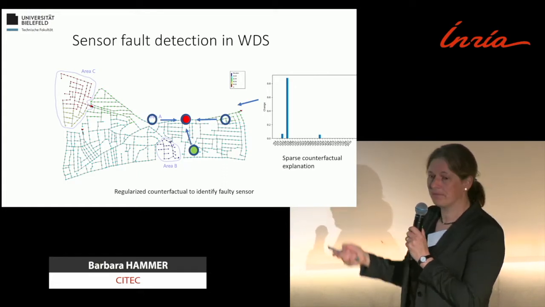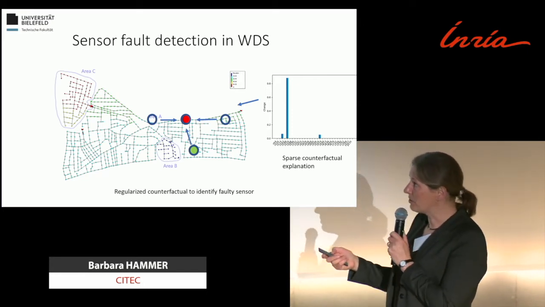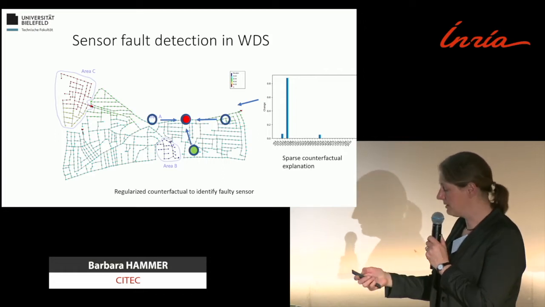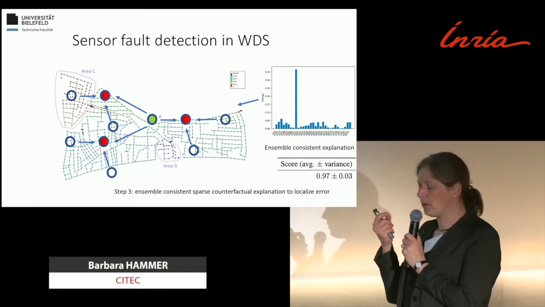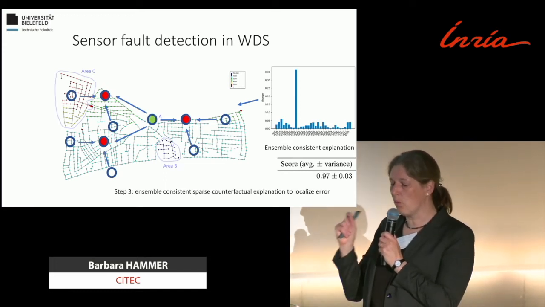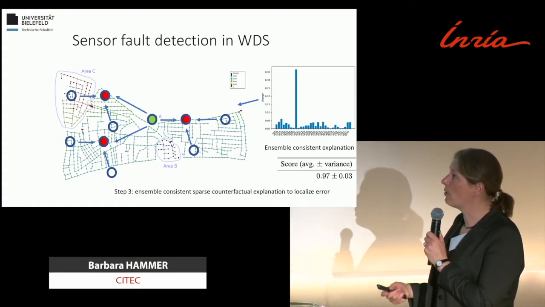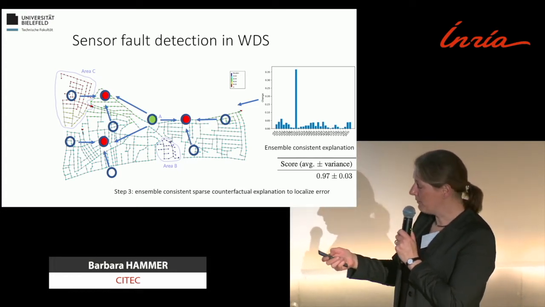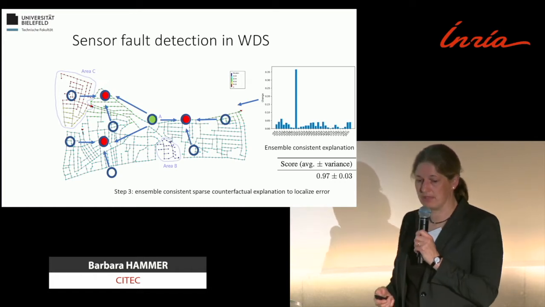It's not the sensor. This is due to the fact that in such a setup, you have high correlations of the different nodes. So you have to do yet another plausibility regularization, so to speak, because you have to compute the counterfactual not for only one, but for all different sensors at once, which we called an ensemble consistent explanation, which would give such a profile pointing here to the true cause with 97% accuracy.